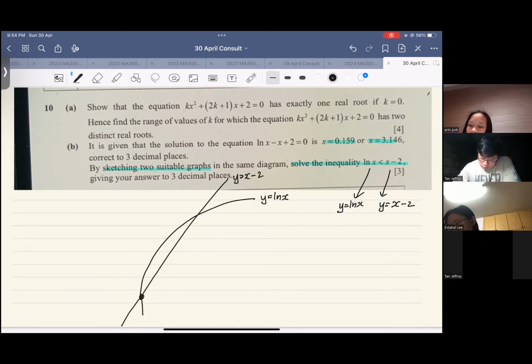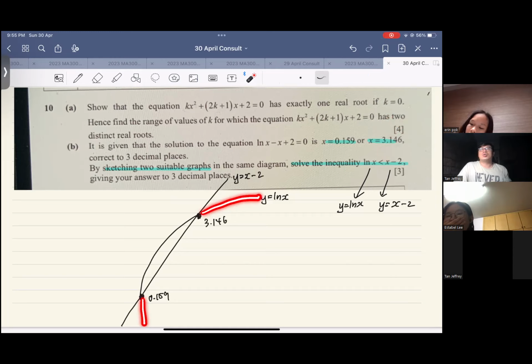The two points of intersection are 0.159 and 3.146. Now you want ln x to be below x minus 2. Where would that be? That will be this part here and this part here, where your ln x is underneath x minus 2. Erin, if I can bring your attention to the screen, the part that I've highlighted is where ln x is underneath x minus 2.